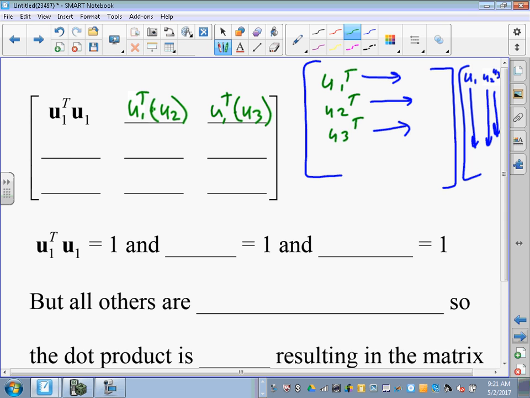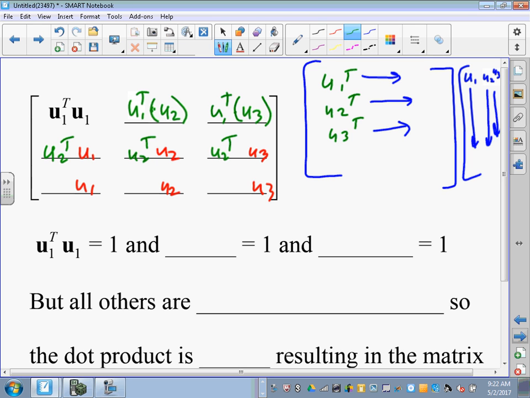And then it's really just going to be the same thing. We're just going to copy U2 transpose, and then we have U1, U2, and U3. So I'll just say U1, U2, and U3 stay right there.